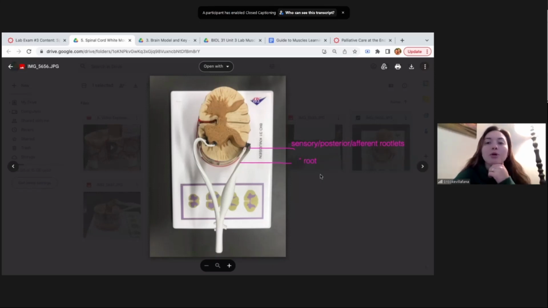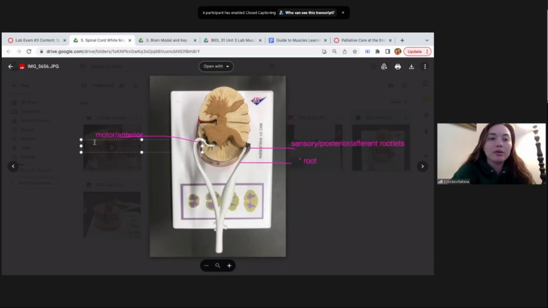So sensory, posterior, afferent, root. Okay. And then we'll do the same thing for this side. This little part here, the part that really sticks in: motor, anterior, efferent, rootlets. And again, it would be all the same naming for the root: motor, anterior, efferent, root.